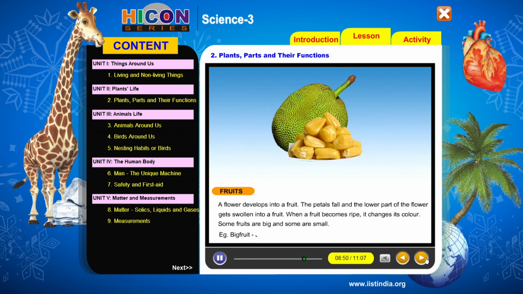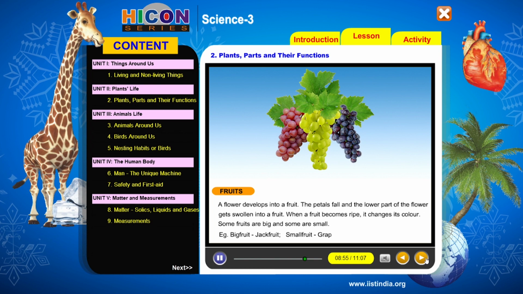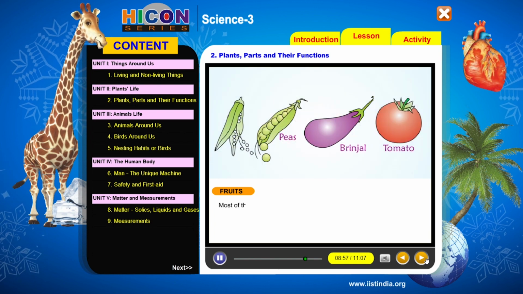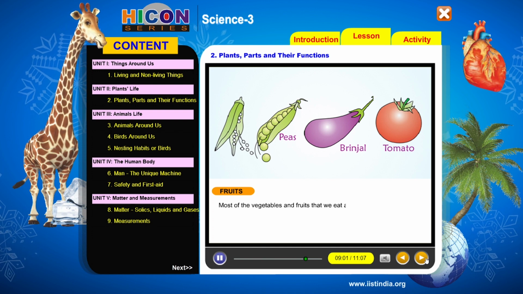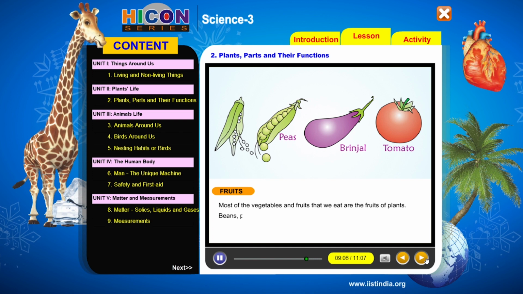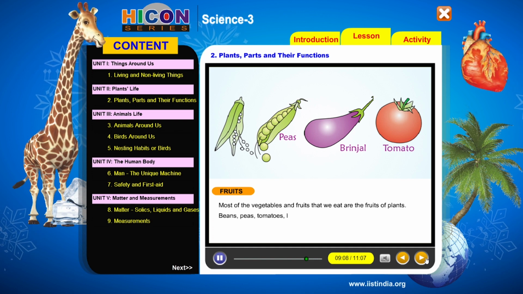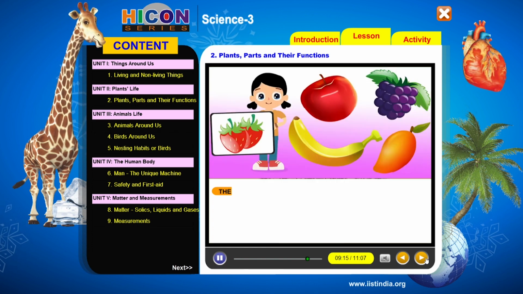Example, big fruit, jackfruit. Small fruit, grape. Most of the vegetables and fruits that we eat are the fruits of plants. Beans, peas, tomatoes, brinjal, etc. are some fruits we eat.